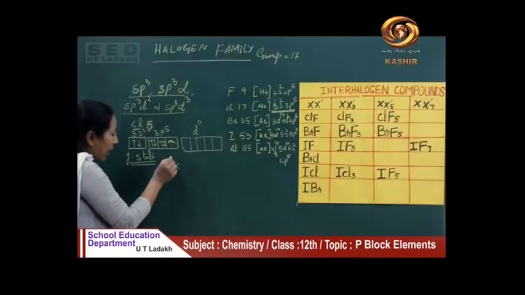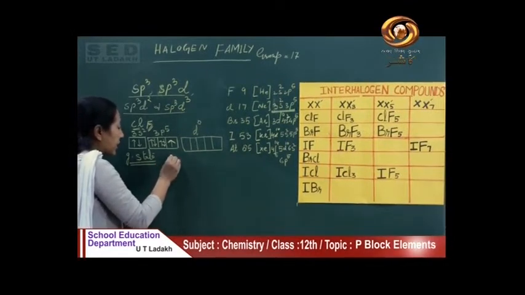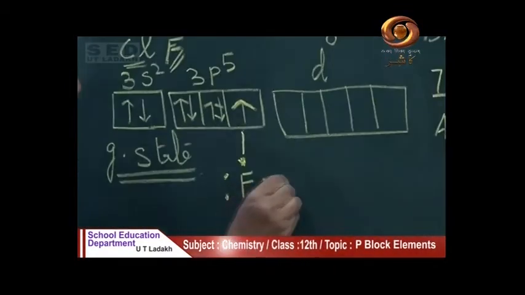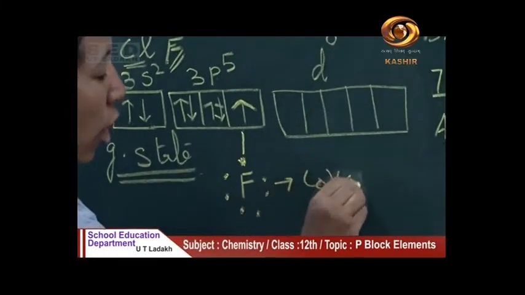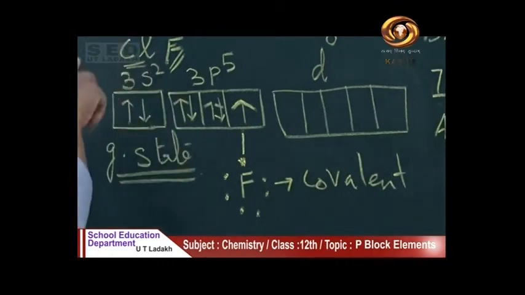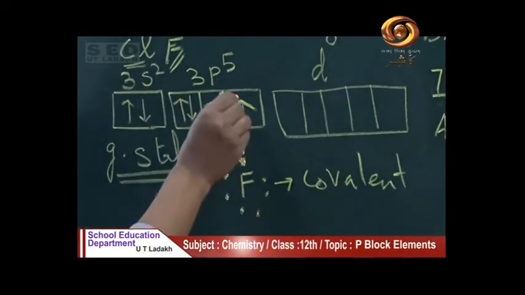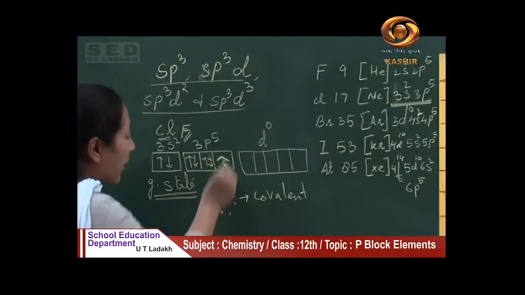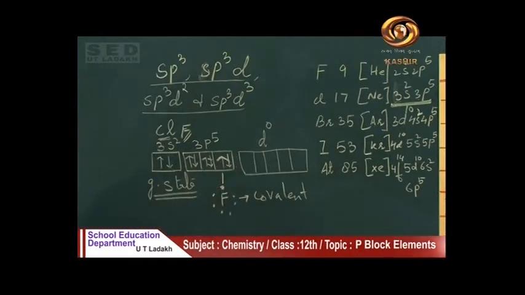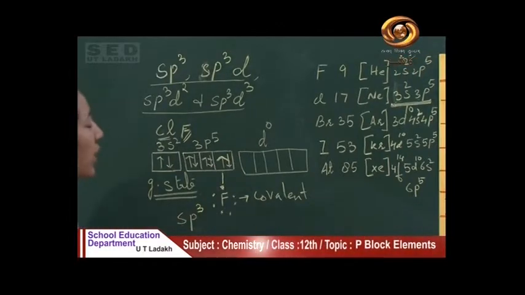This single electron will be shared with this unpaired electron and form a covalent bond. Covalent bond means equal sharing of electrons. One electron is shared by Cl and another electron is shared by this F, and it is fully filled, and our hybridization is sp3, and it has no d orbital.